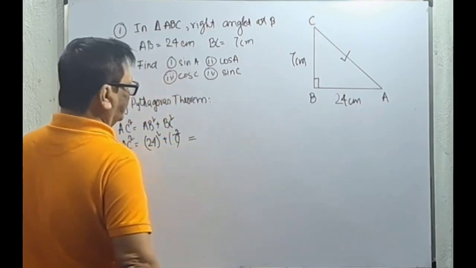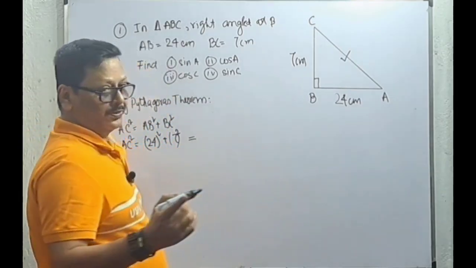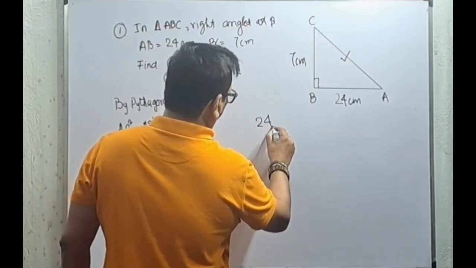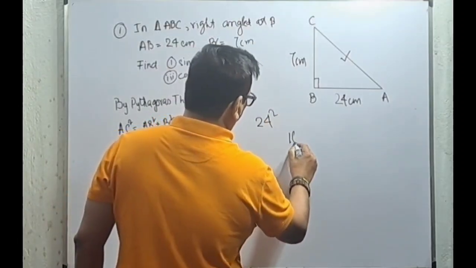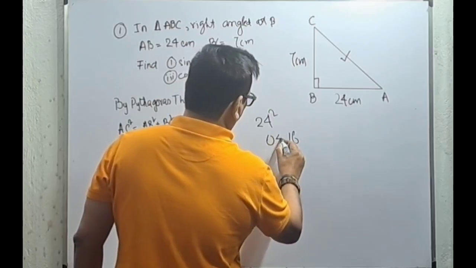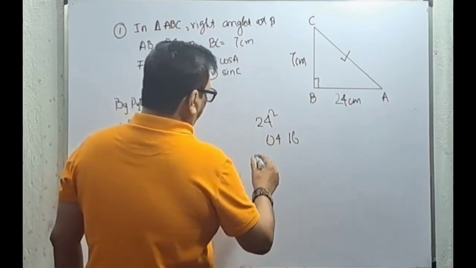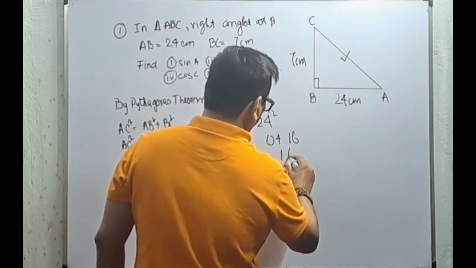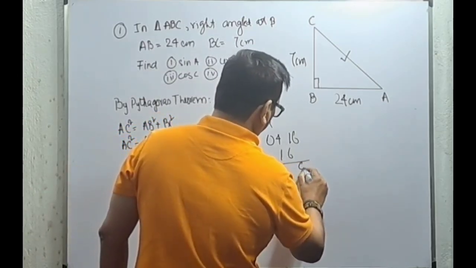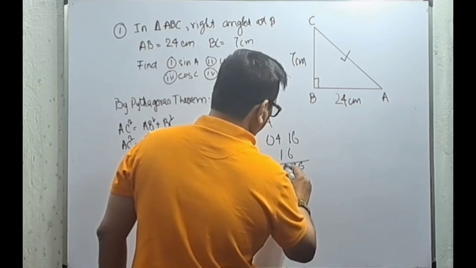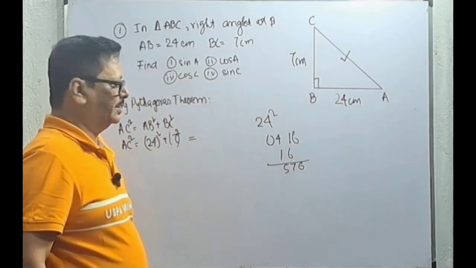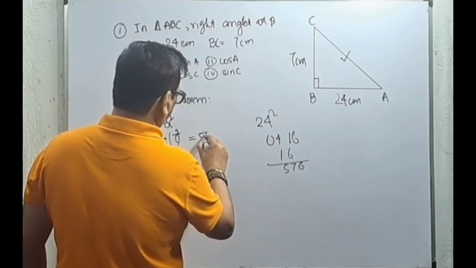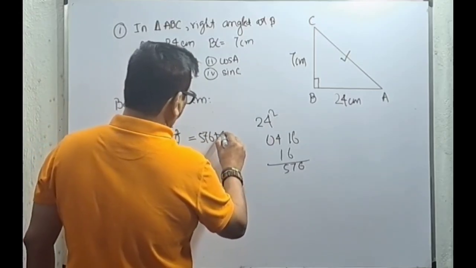and this gives you, let us find out 24 into 24, our quick calculate. Is it correct? 576. 576 plus 49.